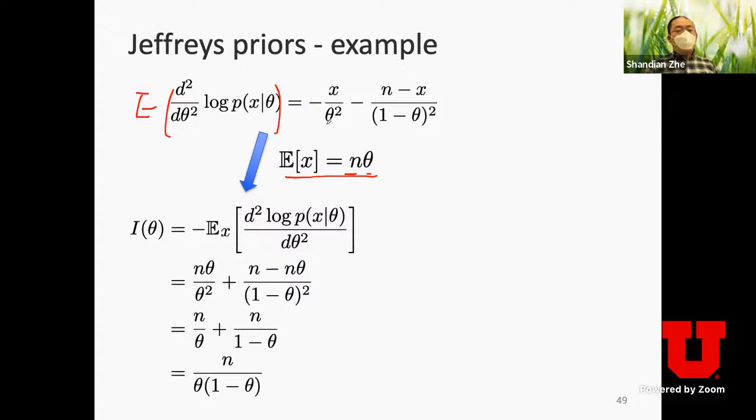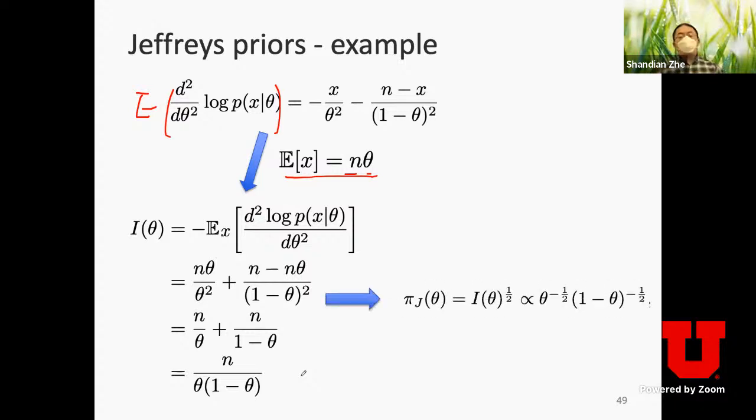Now, if we take the expectation and the minus sign, the minus here will be canceled. The expectation of x is n theta, and n minus x becomes n minus n theta. By a trivial simplification, you get the information to be n over theta times 1 minus theta.